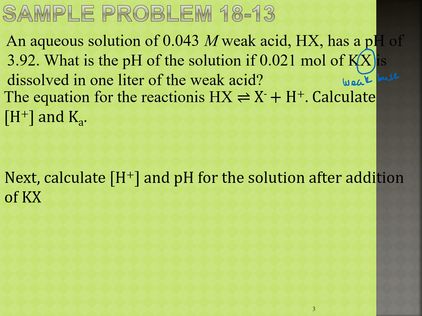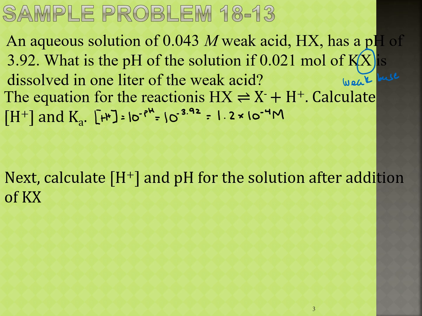So first off, it says that we want to calculate the H plus concentration and the Ka. Well, our H plus concentration is going to be equal to 10 to the minus pH, which is 10 to the minus 3.92. So we get 1.2 times 10 to the minus fourth.